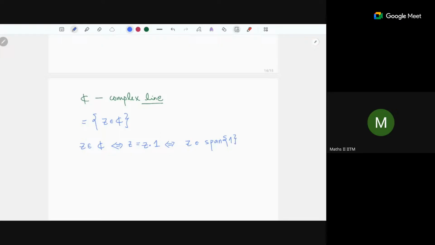When I say span, I need to know what my scalar field is. In this case, the scalar field is C, not R.